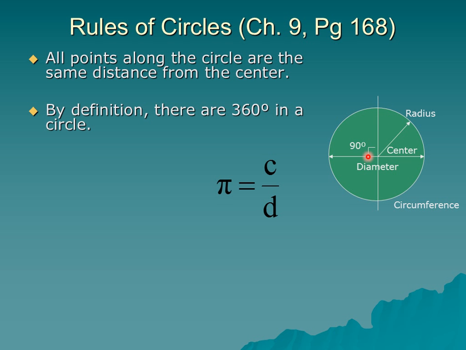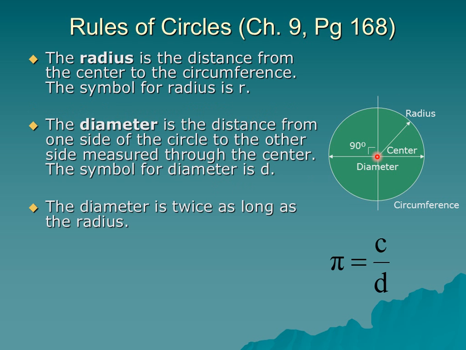But if you draw a straight line from one side to another that passes through the center, that is the diameter. Now, the diameter is always twice as long as the radius, because it's the double. So if this is the diameter, that is double the radius. Or I can say the radius is half of the diameter.